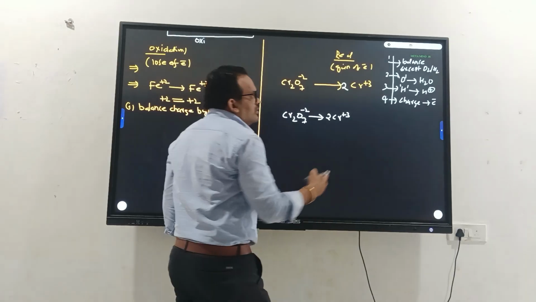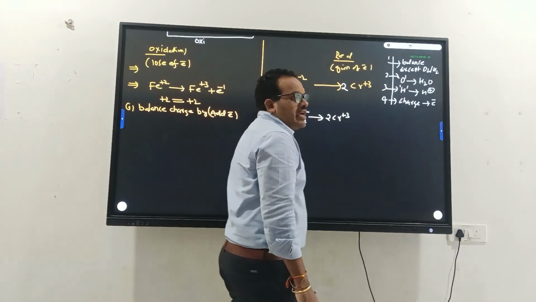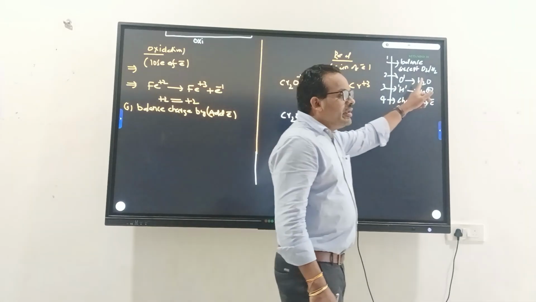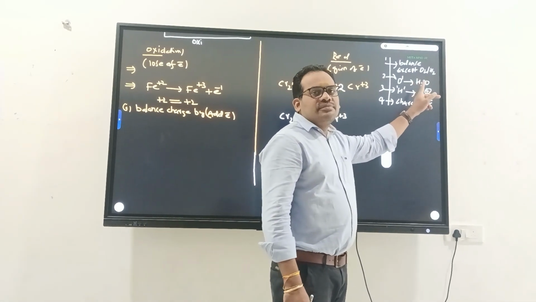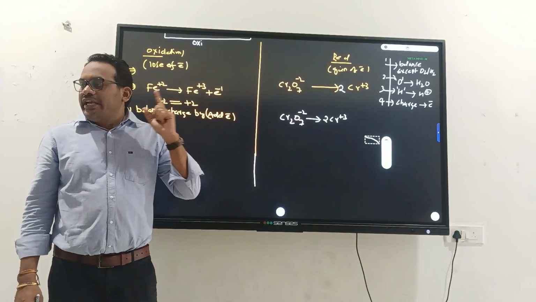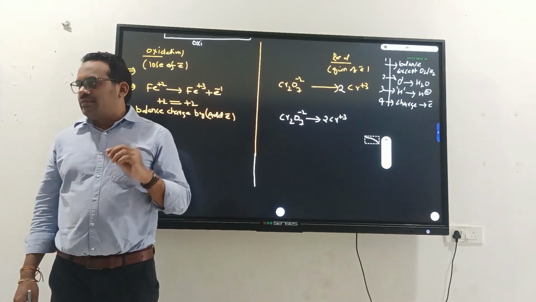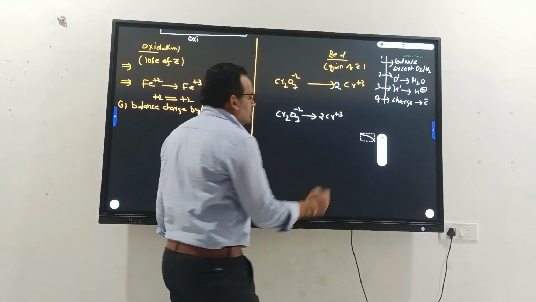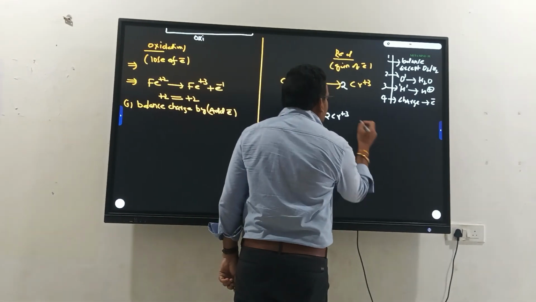How many oxygens I have to balance, children, here? 7 oxygens are there. So how many H2Os I have to take, children? Each water molecule contains 1 oxygen. So you have to take 7 H2O.